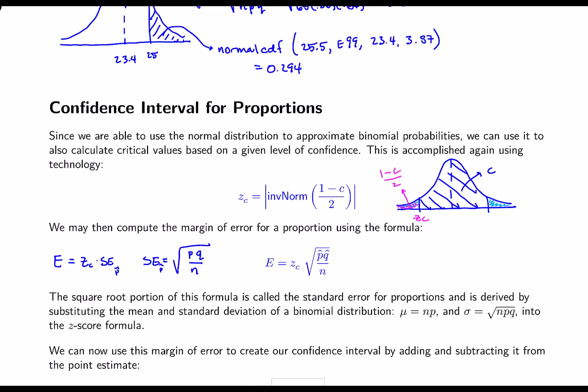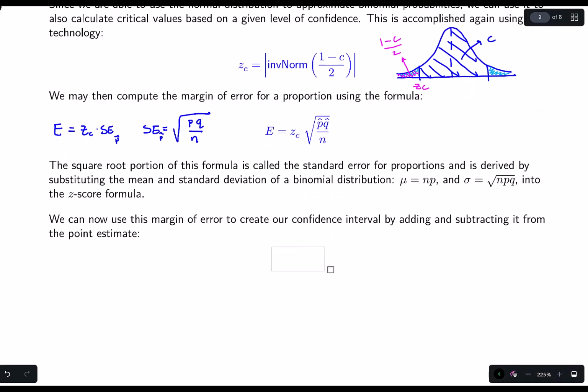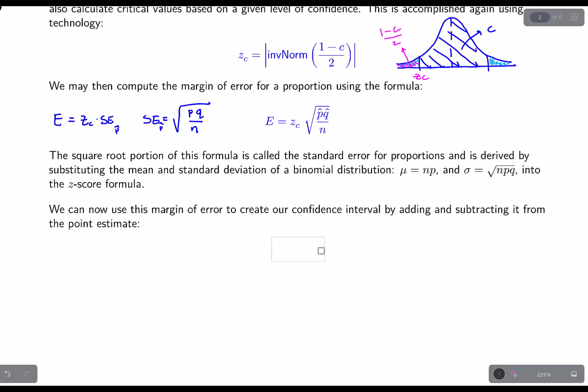If we're trying to estimate it, we don't know the value, and if we don't know the value, we can't use it in our calculations. So we substitute p hat here and q hat accordingly. And once we have that margin of error, then it's just a matter of creating our confidence interval, simply what we said at the beginning of the lesson, by taking p hat plus or minus that margin of error.